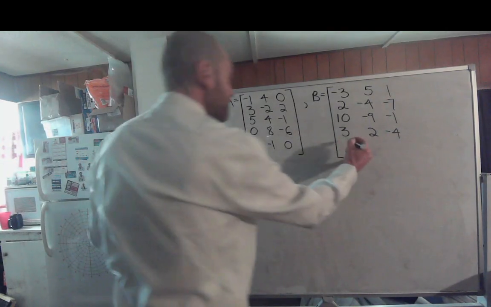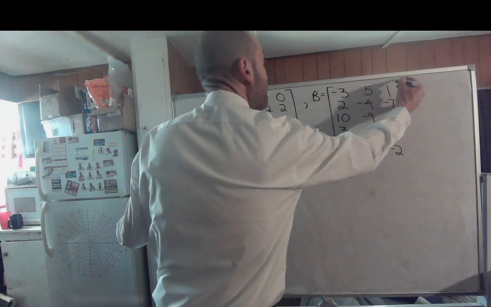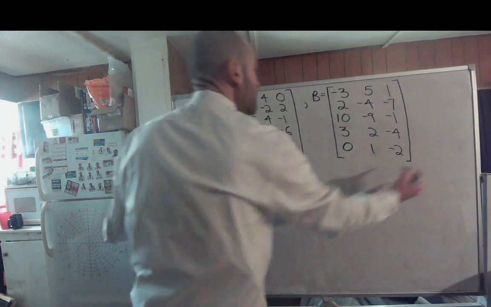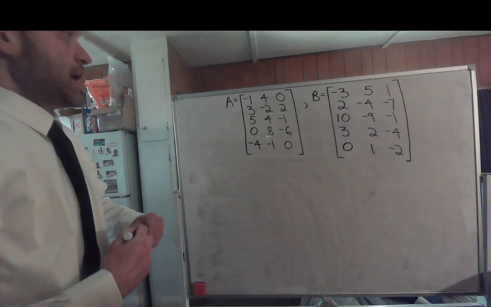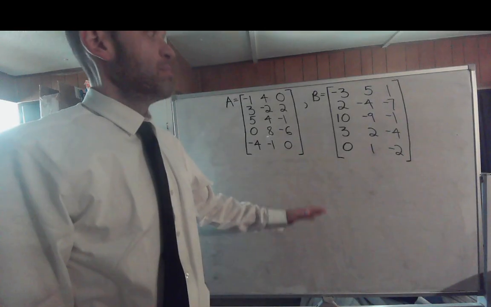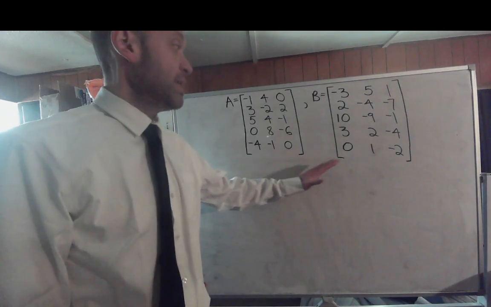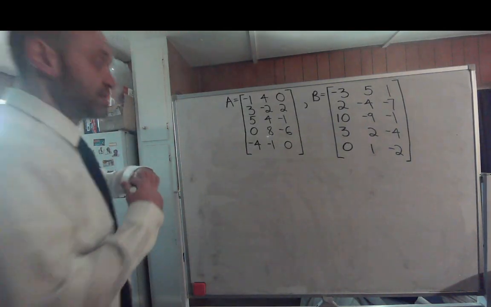And then we have 0, 1, and negative 2. Both of these matrices have the same dimensions of 5 rows by 3 columns. These are both 5 by 3 matrices, so we can add them and subtract them.